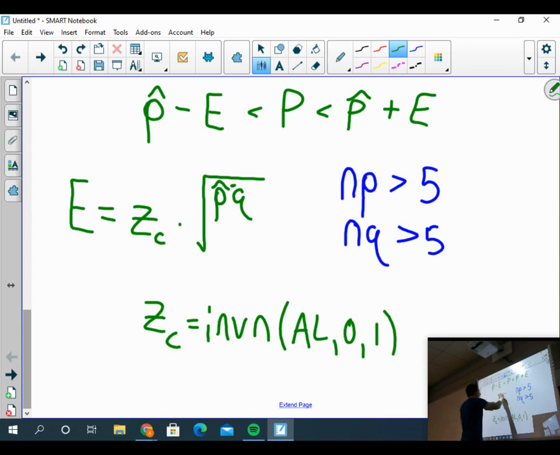And it turns out that that comes out to be p hat times q hat divided by n, all square rooted. That's our standard error when calculating confidence intervals for proportions. P hat being the sample probability of success, and q hat being the sample probability of failure.